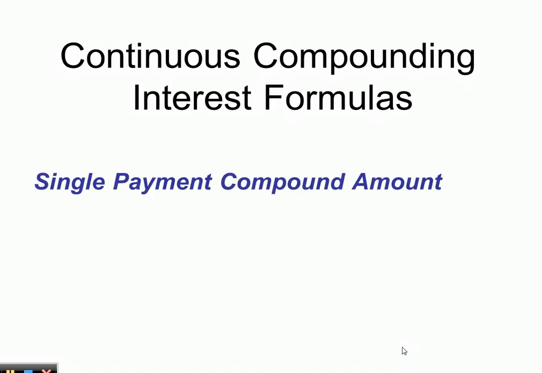Now let's talk about continuous compounding interest formulas. We have several formulas that are similar to the formulas that we found, except that we're not going to have the 1 plus i there, but instead we're going to have a lot of exponents. So exactly the same, except instead of i, we're now going to use r, the nominal rate.